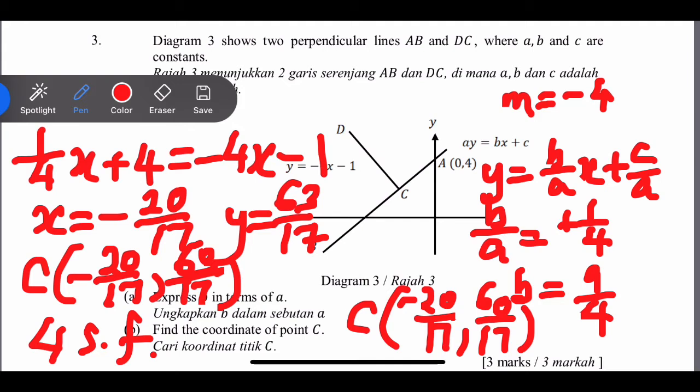You can give the answer in decimal, it's okay, but make sure it's 4 significant figures. So don't worry about the answer. It's not always an integer. It can be a fraction, it can be a decimal, it can be any number, so long as your concept is right. Keep on doing it so that you can memorize the concept.